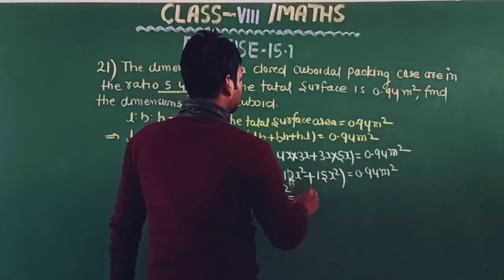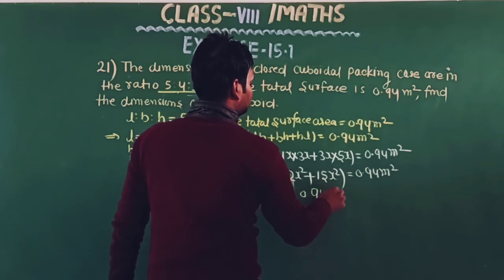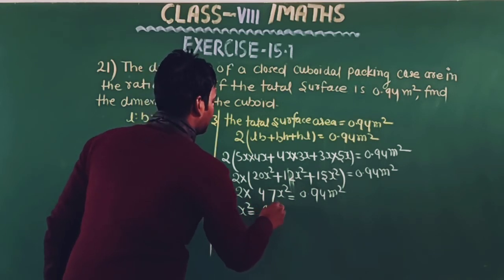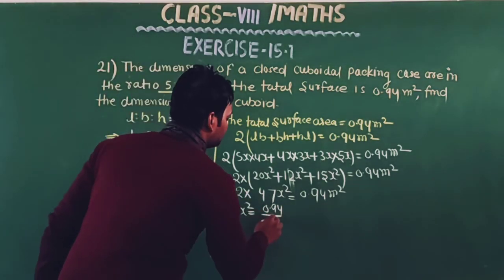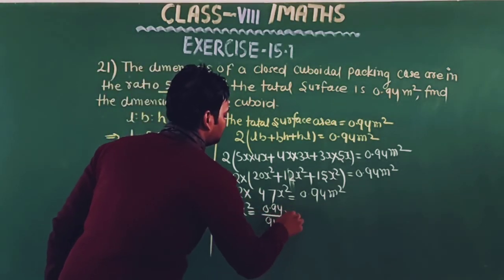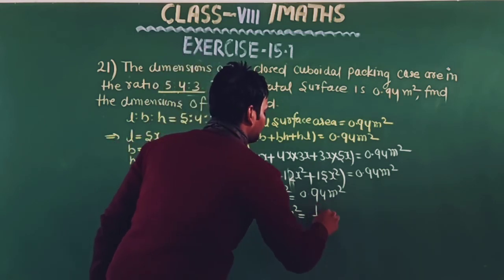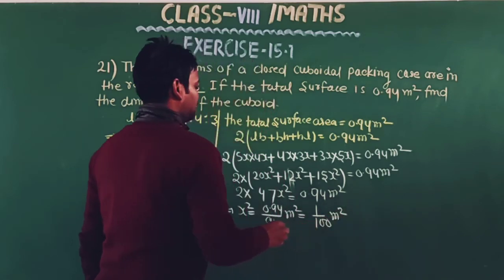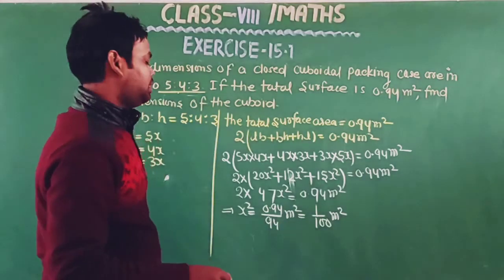So 2 into 47x square is equal to 0.94 meter square, and this implies x square equals 0.94 divided by 94 meter square. After simplification we will get 1/100 meter square. So this is the value of x square.